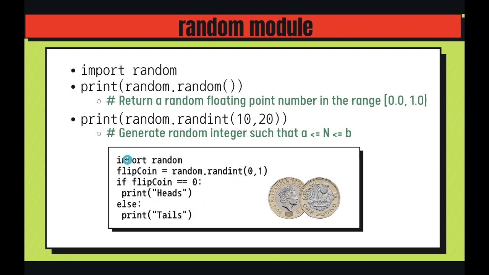So here we're saying import random, and then we have a flip coin variable, and here we generate a random number between 0 and 1. So the number that's generated is either 0 or 1, and is assigned to flip coin. Then we say if flip coin is 0, print heads, and otherwise print tails.